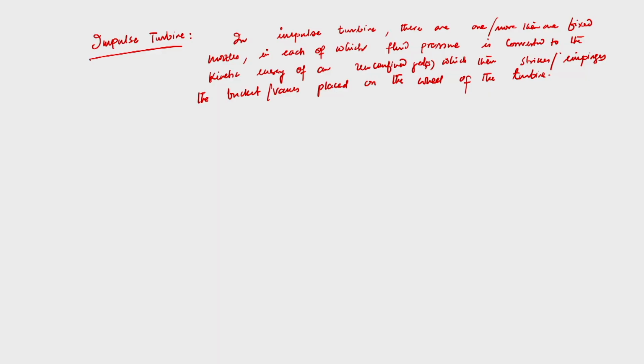And there is practically no change in pressure of the fluid as it flows through the runner of the impulse turbine. This is very important, and this is the fundamental difference between impulse and reaction turbine.